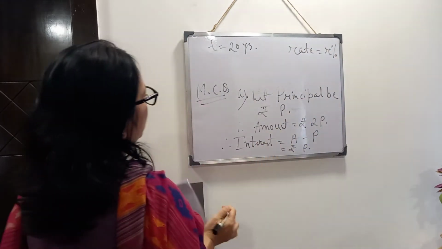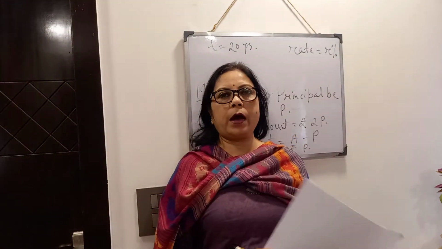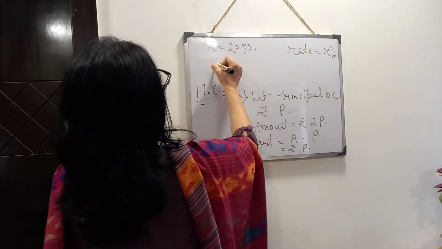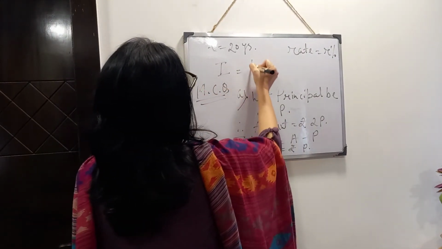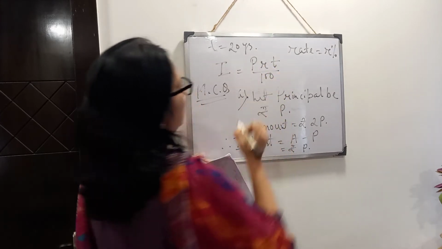Clear? So you know what formula you have to apply here. Simple interest, I equals to PRT by 100. So I equals to P into R into T by 100.